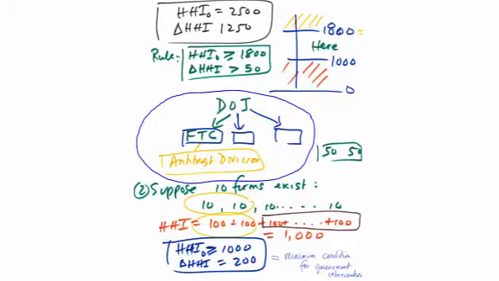Certainly, any merger will make the industry more concentrated, but the threshold there suggests that a large firm could merge with a small firm, or two small firms could merge, but a large firm could not merge with a large firm. In practice, that is what the index is saying.